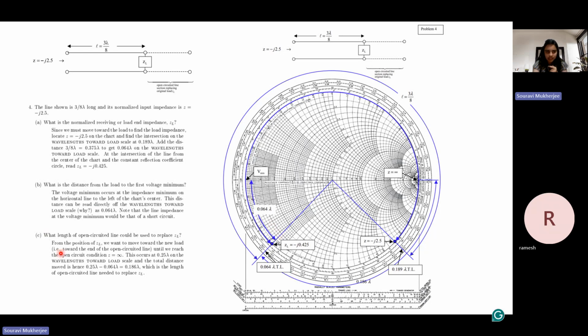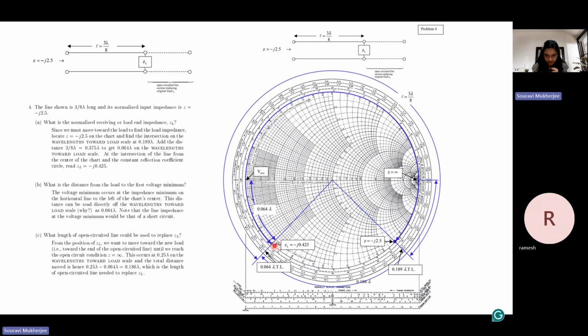That's the answer. Now, the next part is: what length of open circuit line could be used to replace ZL? What it means is that you now know the value of ZL, but can you replace this ZL by a certain length of an open circuit line? If you want to do that, what will be the length of your open circuit line?